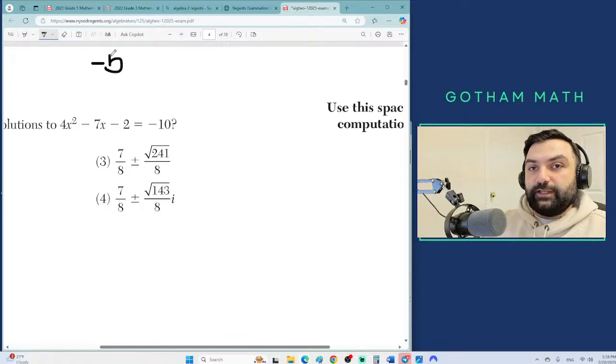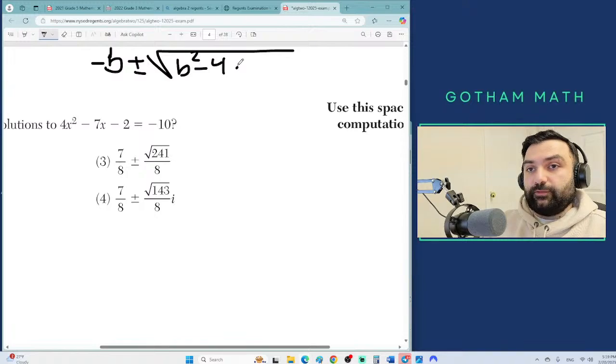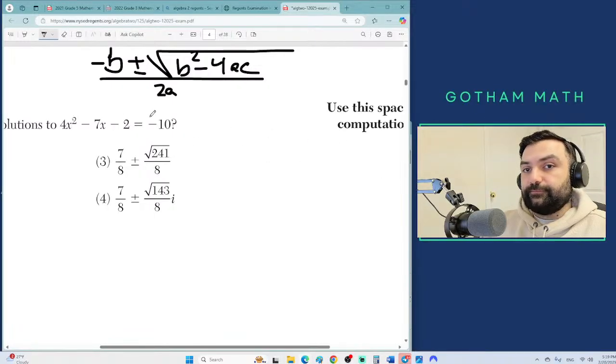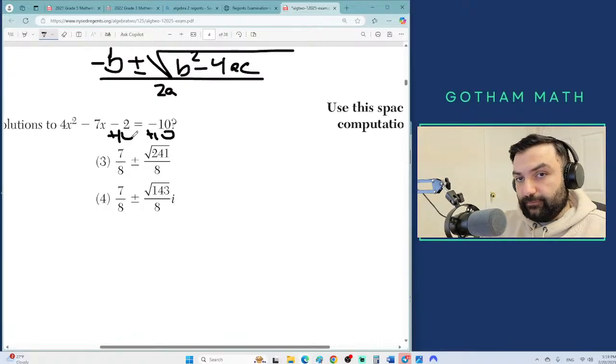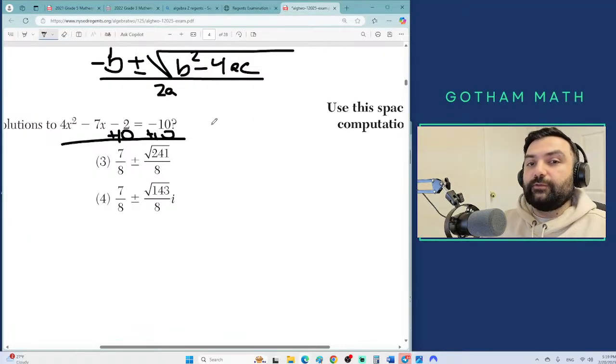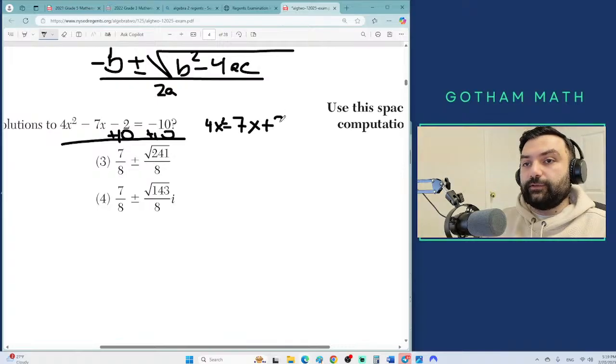So it's negative b plus minus square root of b squared minus 4ac, over 2a. The only thing is that we don't have it equaling 0 yet, so we have to add 10 on both sides. So our quadratic will be 4x squared minus 7x plus 8 equals 0.